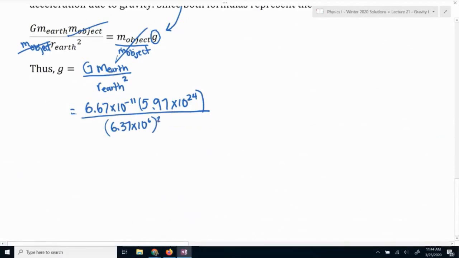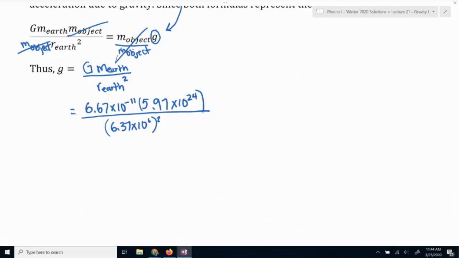So if we type this up, what do you think we should be getting? A number close to what? We're solving for g close to the surface of the Earth. What is g that we normally use when we're close to the surface of the Earth? 9.81. Yeah, so we should be getting a number that's close to 9.8.